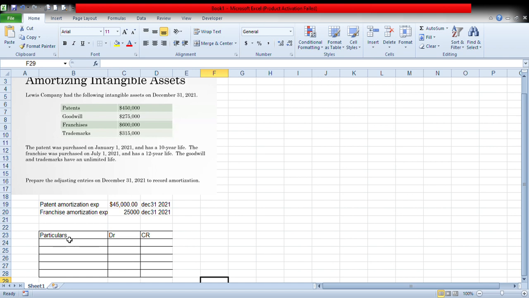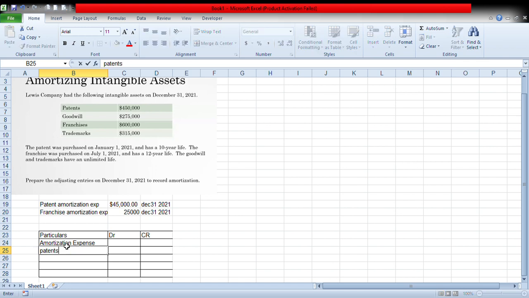So what do we do? Amortization expense debit, and what will be credit? Patents and franchise.